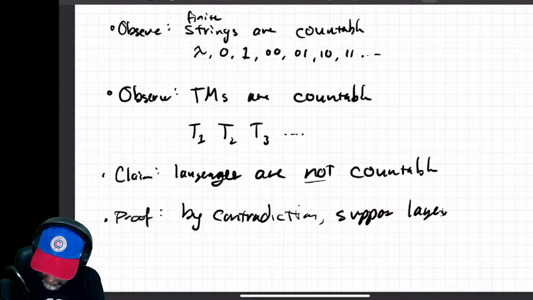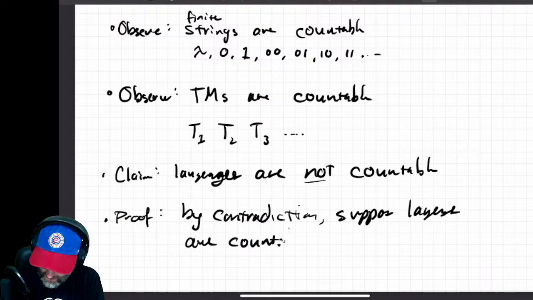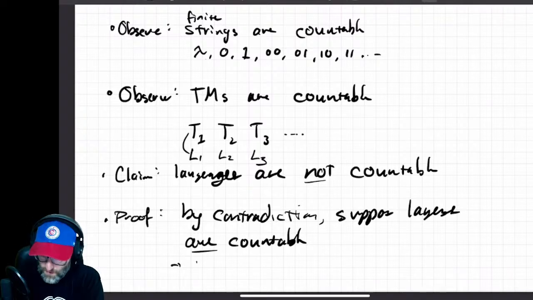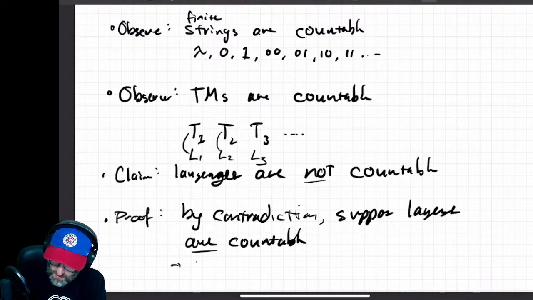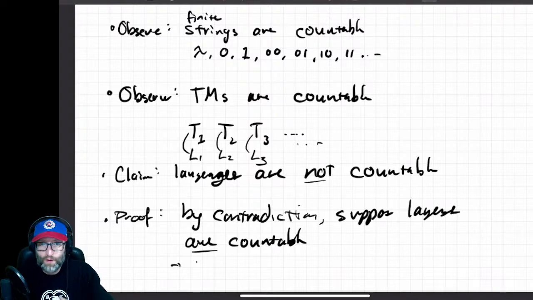Furthermore, you can suppose that they're in the same order as the Turing machines: the languages L1, L2, L3. We'll just assume that this Turing machine decides this language, this Turing machine decides this language, this Turing machine decides this language, dot dot dot, all the way over to infinity. By assuming that languages are countable, I can go ahead and put them into this enumeration that matches up with my Turing machines.